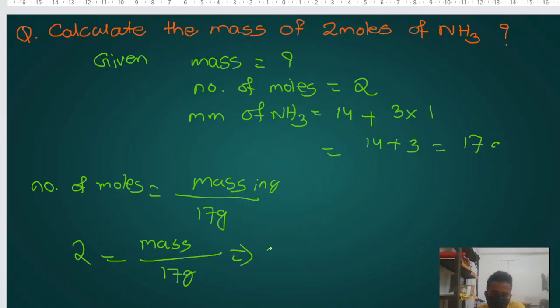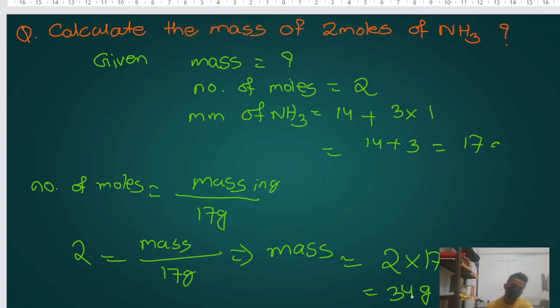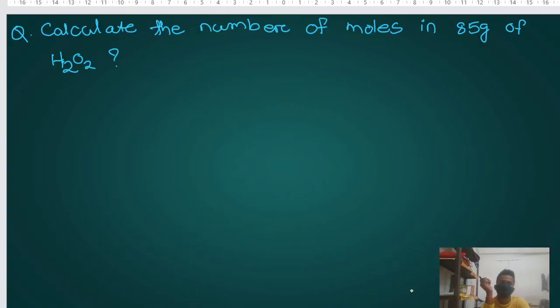So mass will be 2 into 17 gram, that is 34 gram. Okay, so 34 grams of NH3 is the answer. So let's go to the next question, that is calculate the number of moles in 85 grams of H2O2.